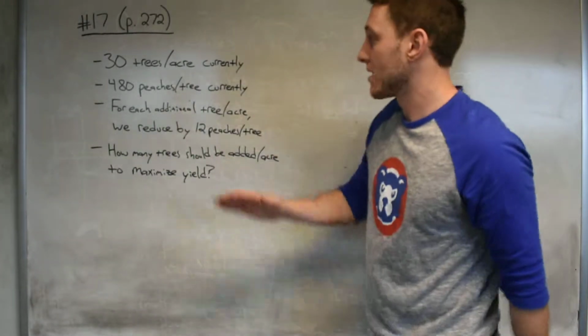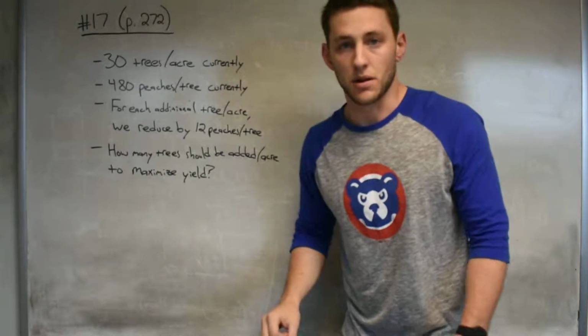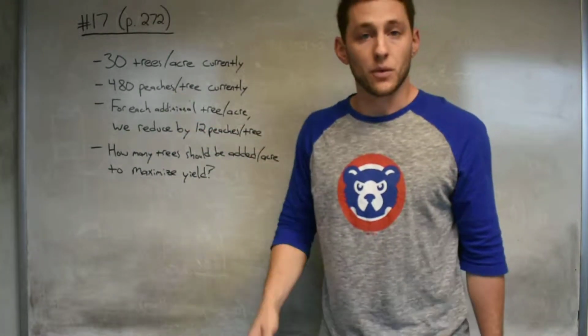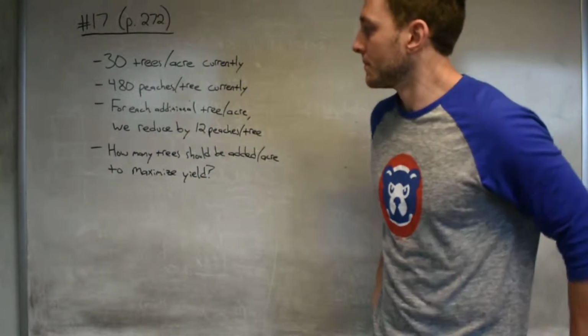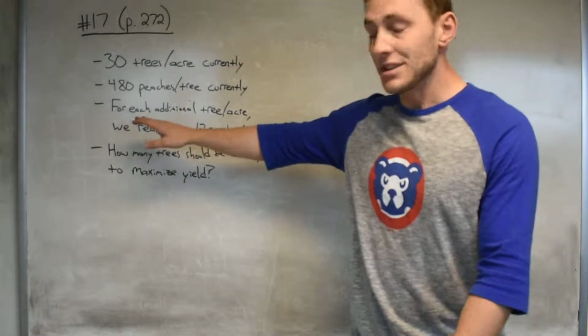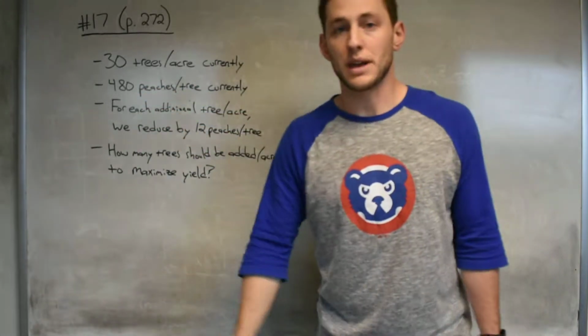So you can kind of see that I summarized the situation up right here. Currently, we have 30 trees per acre. That's what we're sitting at. And currently, we're making about 480 peaches per tree. Now, if we want to add trees, each tree is going to reduce that 480 by 12 for each tree we add.